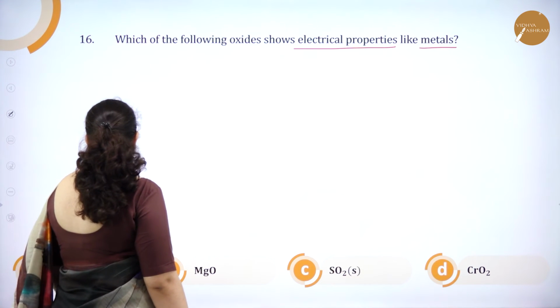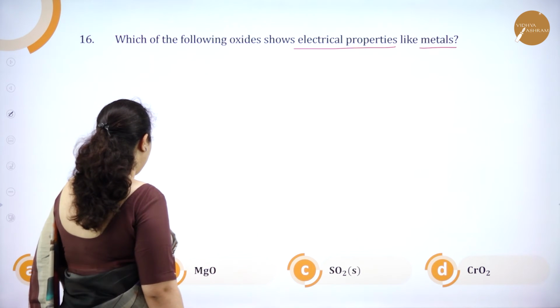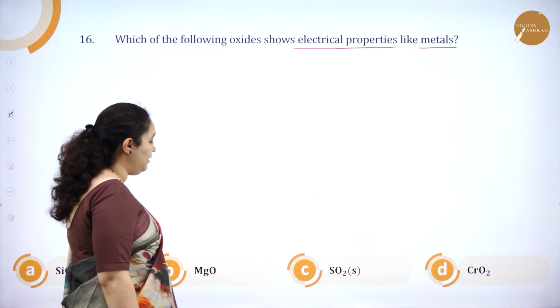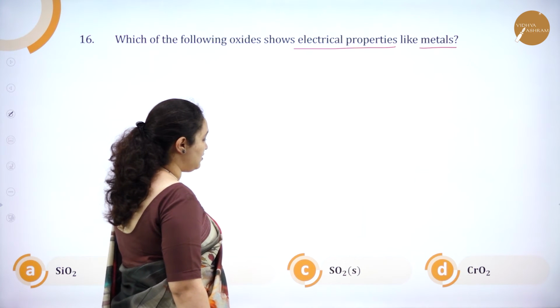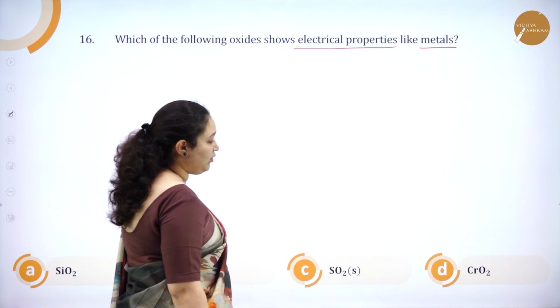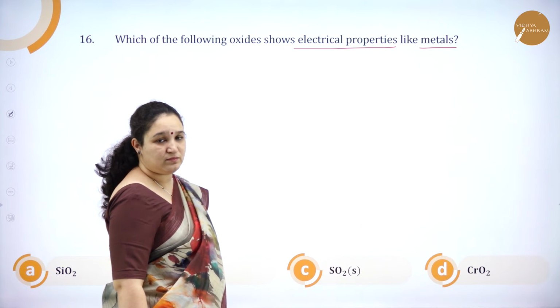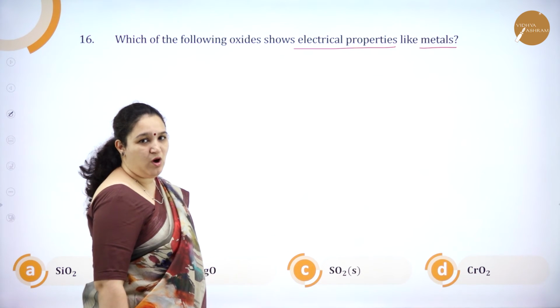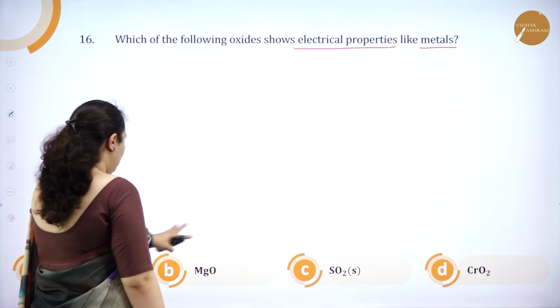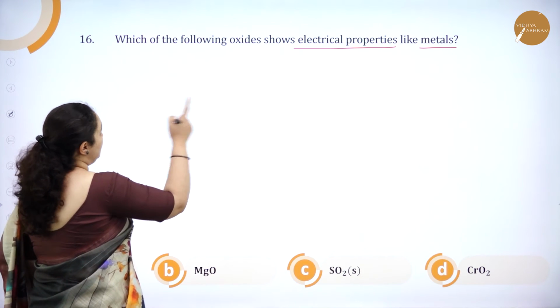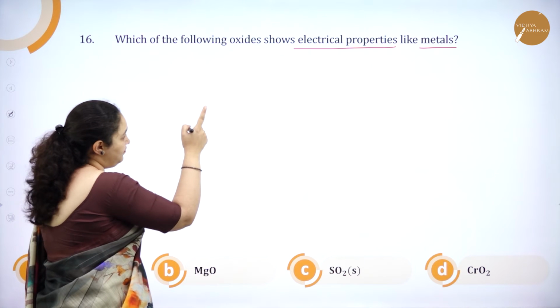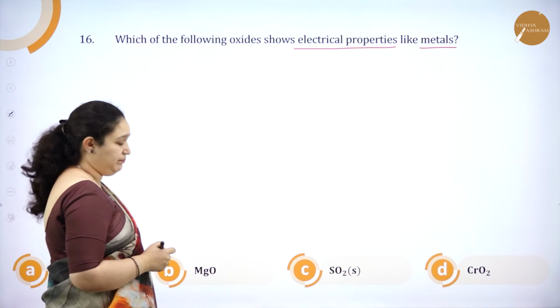Option A, silicon dioxide, B, magnesium oxide, C, sulfur dioxide, and D, CrO2, chromium oxide.